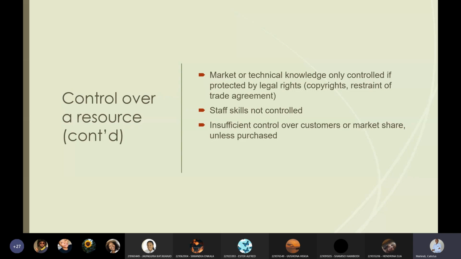Today I can go and do my shopping at Pick n Pay. The next day I can decide to go and do my shopping at ShopRite or at Checkers. Okay, so just because I thought that I have some loyal customers, it doesn't mean you have control over it.